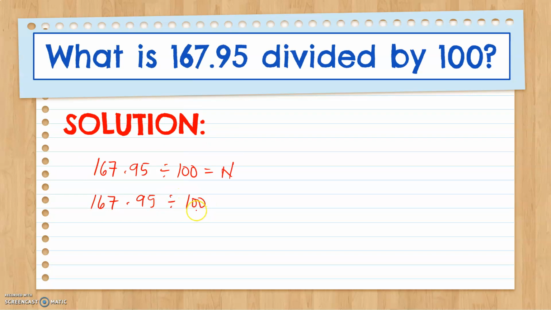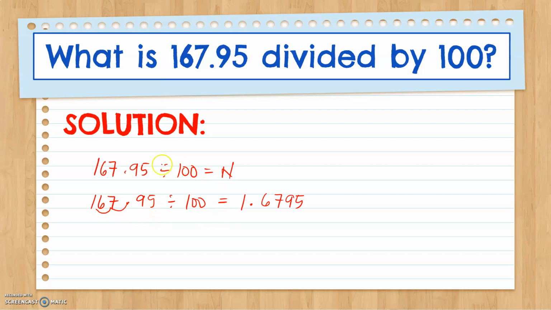And in 100, there are 2 zeros. Since our divisor is 100, the movement of the decimal point is to the left. But this time, we'll move it twice to the left since again, there are 2 zeros in 100. Therefore, our final answer will be 1.6795.